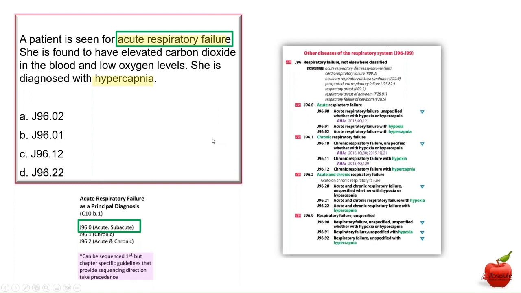All right. So we're going to take a look. Knowing what our guidelines are, we're going to go ahead, like I said, and eliminate C, J96.12. We can eliminate D because it indeed is acute and chronic. We don't even have to see the specifics of it because we know based on those first four characters that that coding category is not where we need to be. Therefore, we're going to move to A and B. This is where we need to look a little closer because here, based on what we know, J96.0, that is acute.